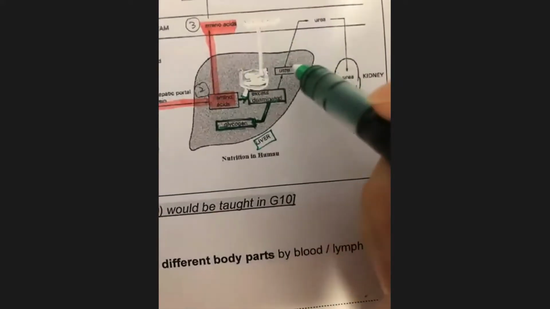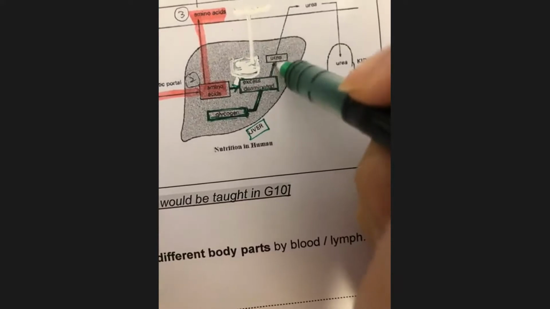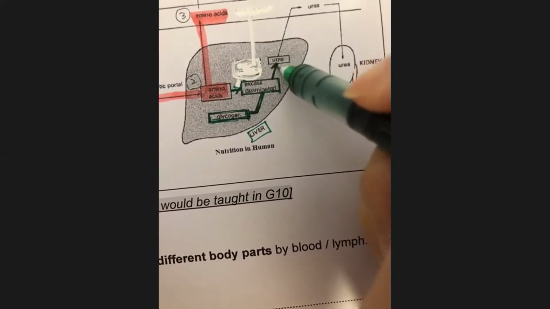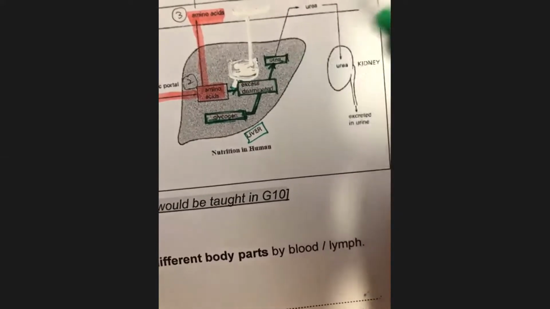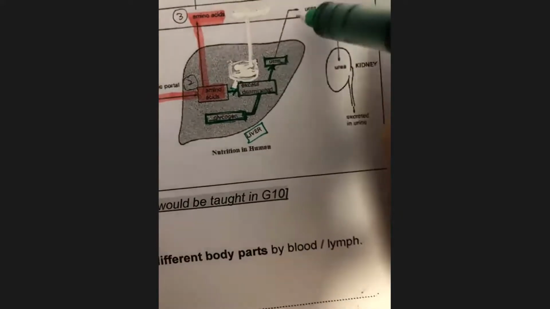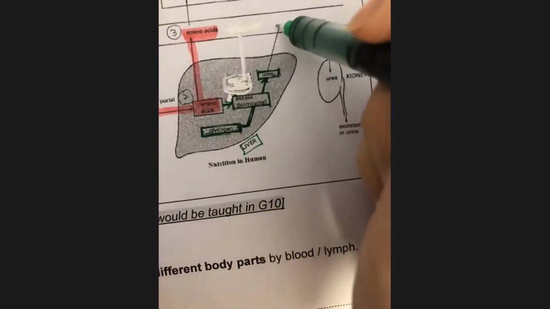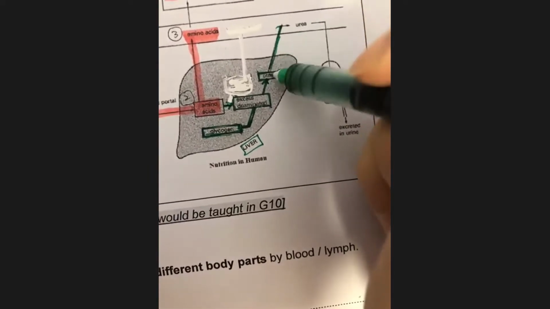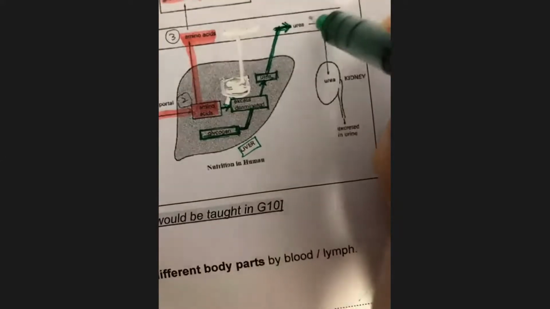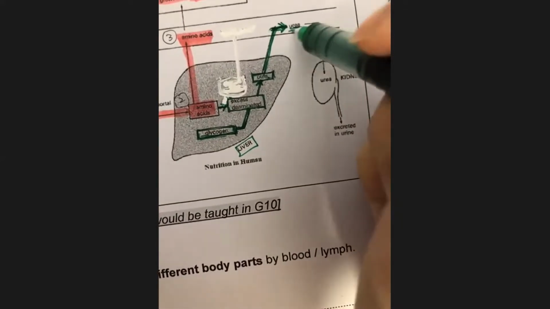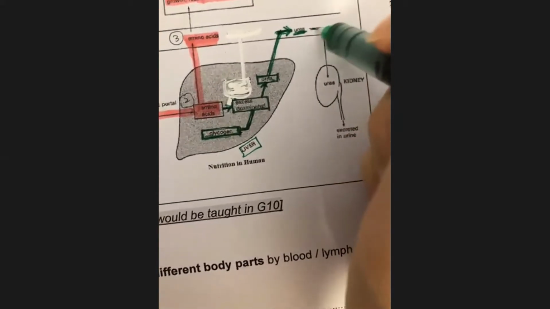More importantly, the amino group, the nitrogen-containing part, would be converted to urea. Okay? And this urea would be dumped into blood again because it should now be transported to the kidney.